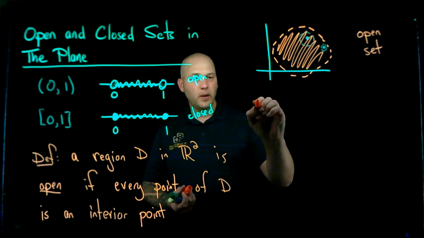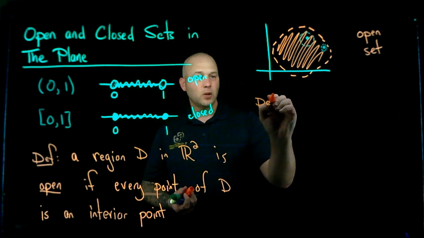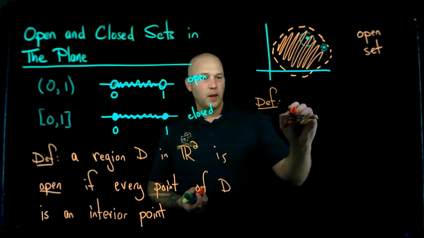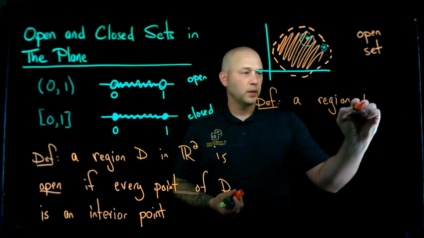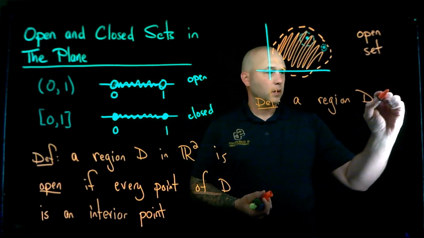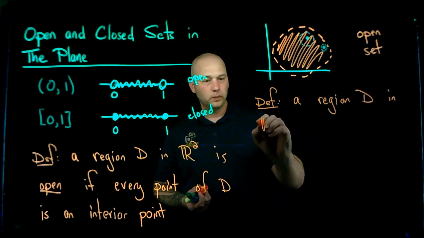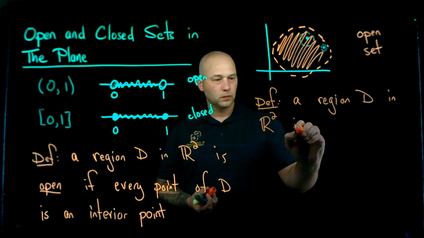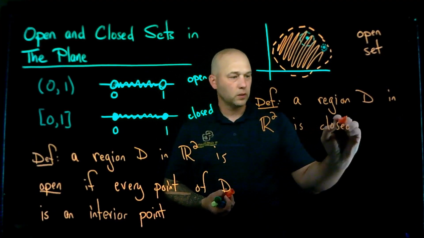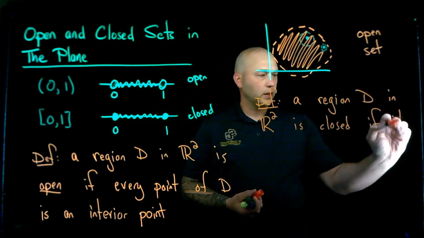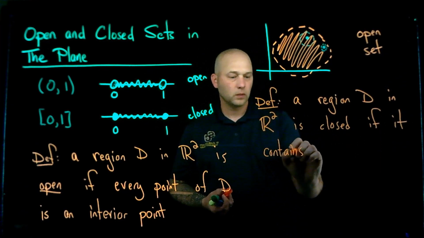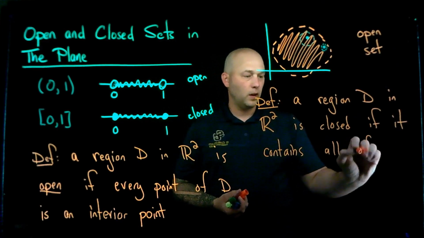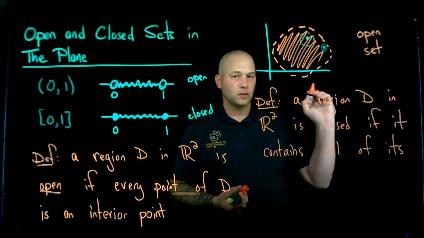Now let's talk about a closed set. So, definition: a region D in R2 is closed if it contains all of its, what do you think?